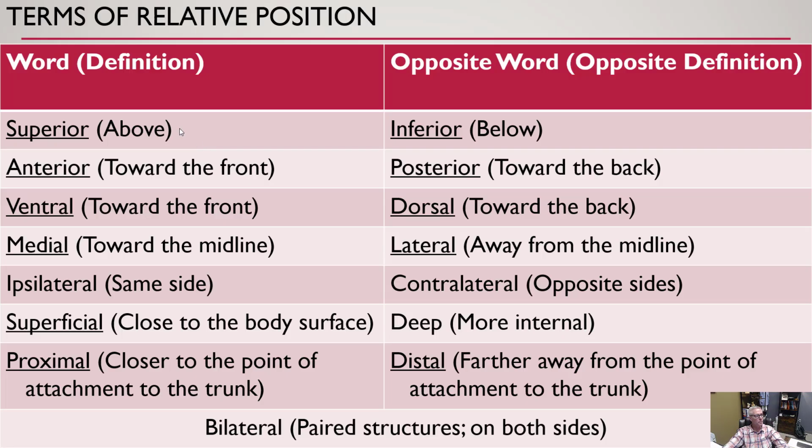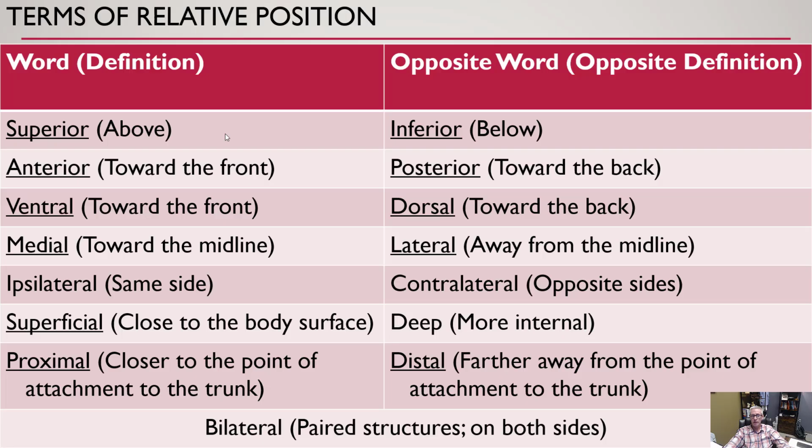Superior means above. So your cranial cavity is superior to your abdominal pelvic cavity. Inferior means below. Your abdominal pelvic cavity is inferior to your cranial cavity. Anterior means towards the front. Posterior means towards the back.